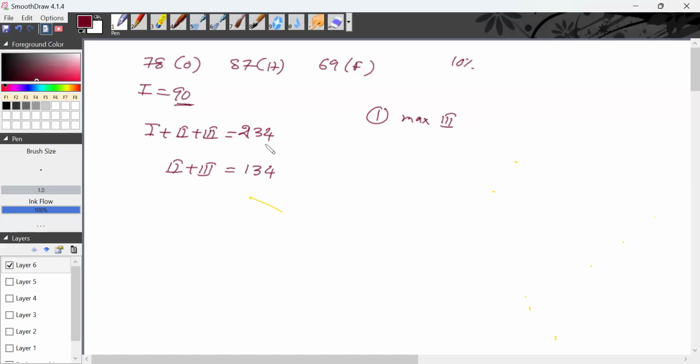नहीं, ये तो 234 ही होगा ना, अच्छा sorry, 1 is 90 ना, so this will become 144. ठीक है, now we have to find the maximum value of people who like all three. So here we have to maximize and here we have to minimize. So can we do this way? This is wrong. What did I say? Don't apply just mathematics.